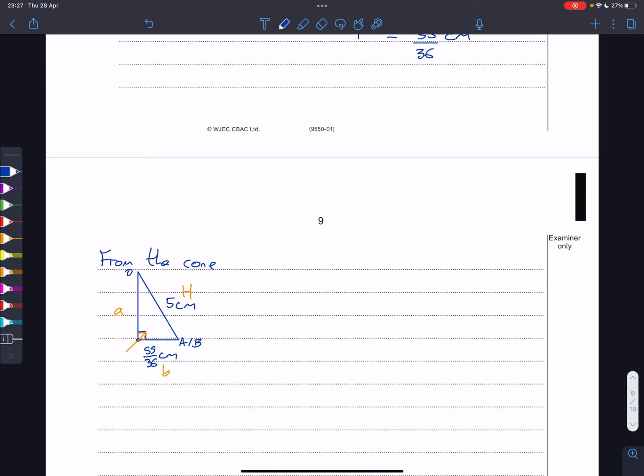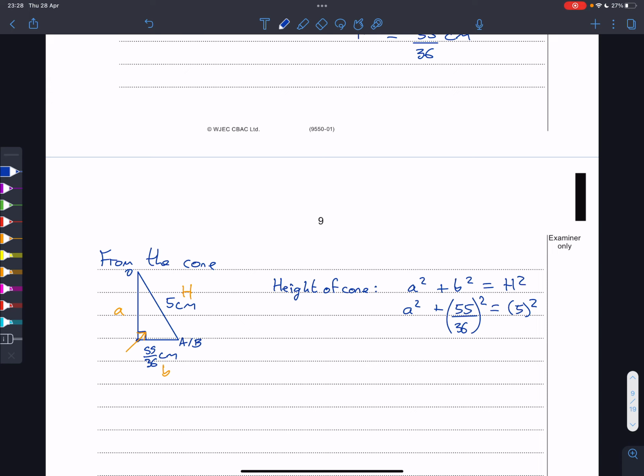So if I want to find the height of the cone, I need to use Pythagoras. So a squared plus b squared equals my hypotenuse squared. That's my a squared plus 55 over 36 squared equals 5 squared.